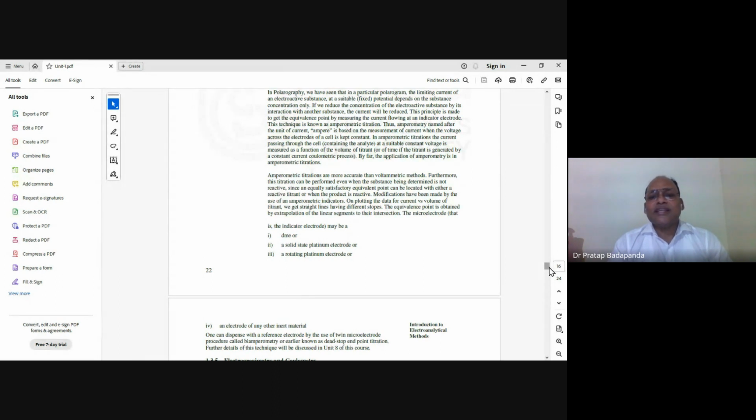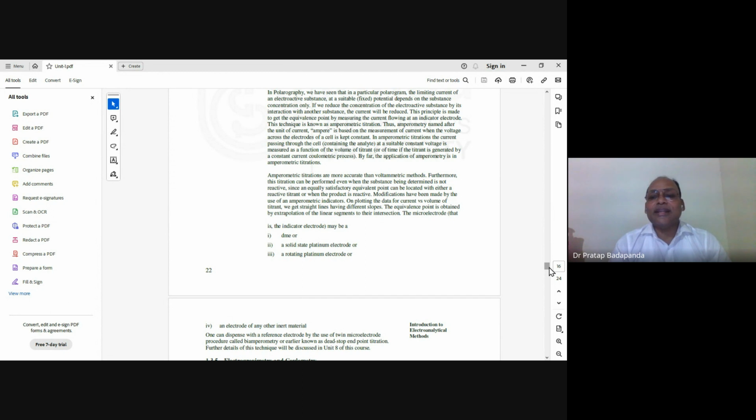Since an equally satisfactory equivalence point can be located with either a reactive titrant or when the product is reactive, modifications have been made by the use of amperometric indicators. On plotting the data for the current versus volume of titrant, we get straight lines having different slopes.